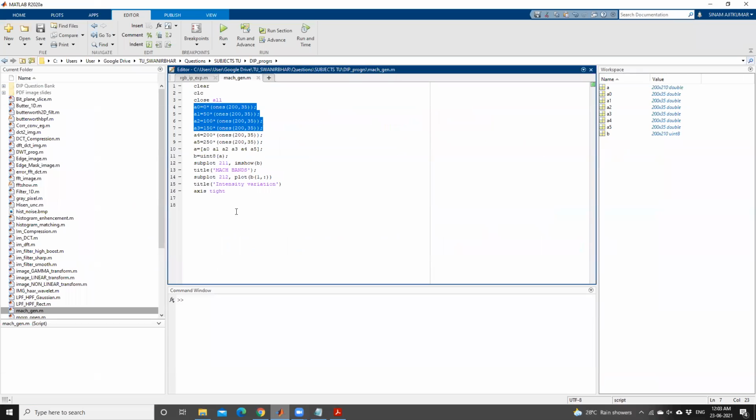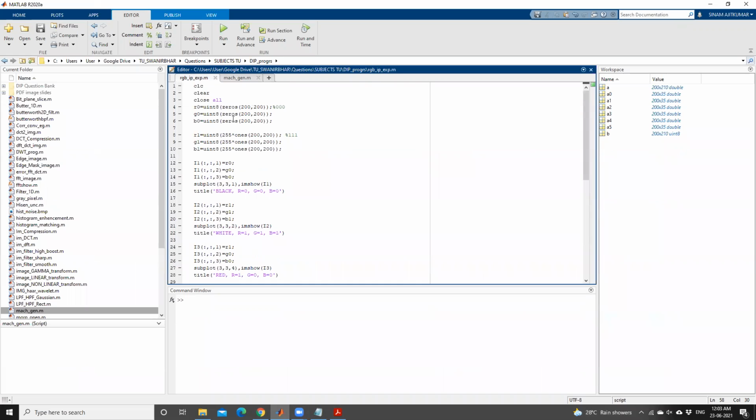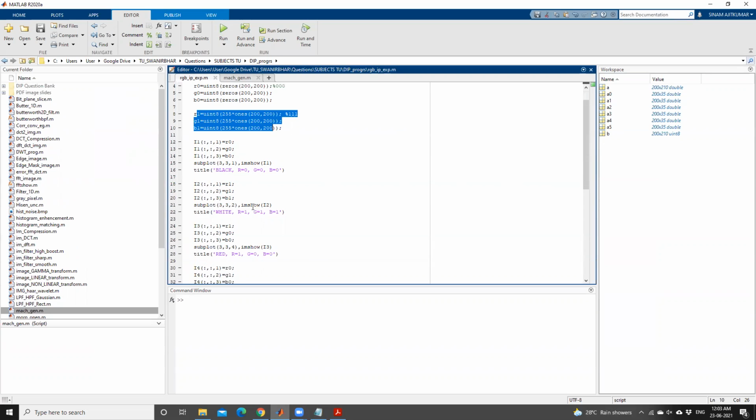If you see this MATLAB program, where we have, say, zeros and ones forming the different signals, initially we consider zeros, and then we consider ones, and then we do the combination. R0, G0, B0 makes black.